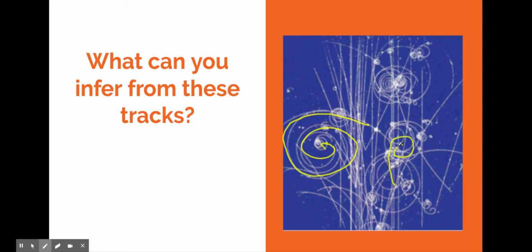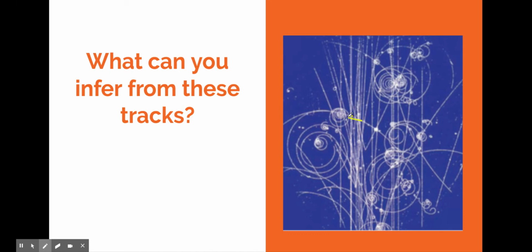And that alone is a lot of information for someone with your level of physics to understand that there are particles here that have positive charges. Some objects might have negative charges. You might make inferences about the speed of the particle based on the kinds of circles that they make.